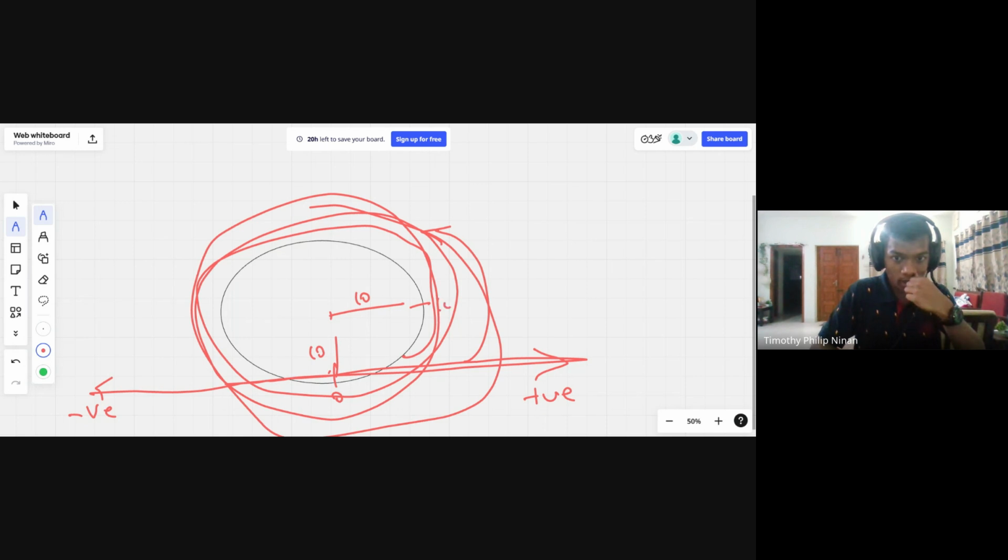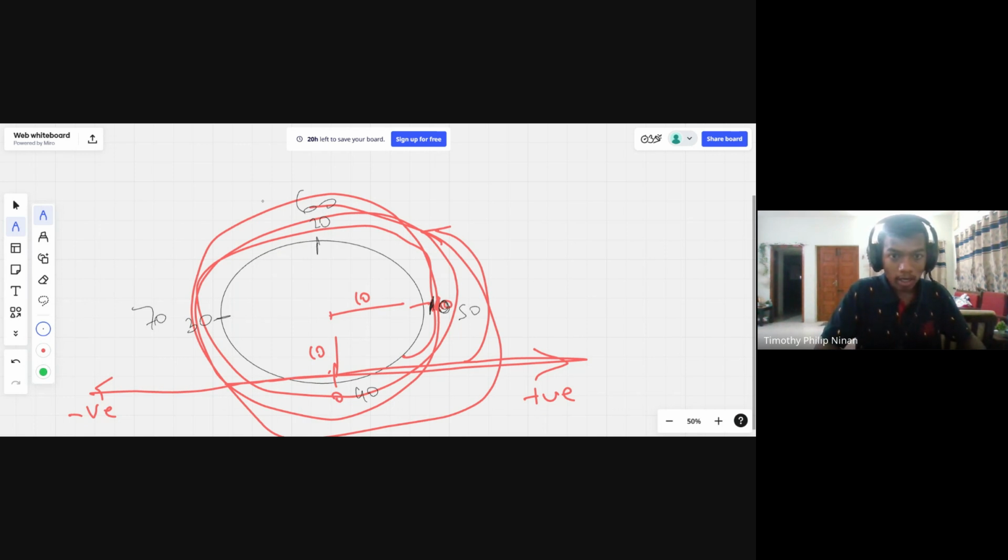That means this value over here, let me just change the pen color, this value over here will be 10. This value will be 20, 30, and comes here 40. And then it continues again. This will be 50, 60, 70. As you can see, these numbers are not going to end.